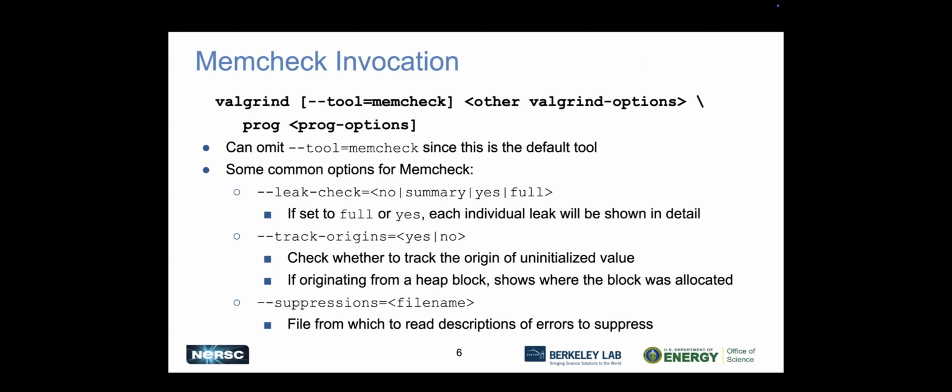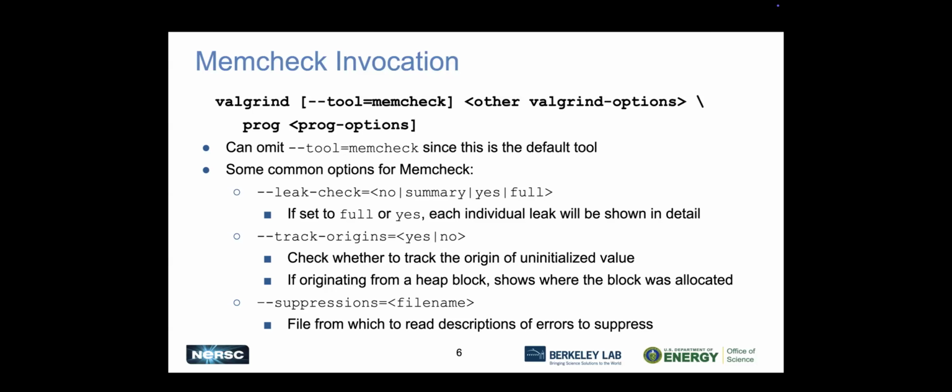So again, this is how to invoke Valgrind with Memcheck. You don't have to specify the tool name because Memcheck is the default tool, and you can add other Valgrind options. As you see, you can use some common Memcheck options as shown here.